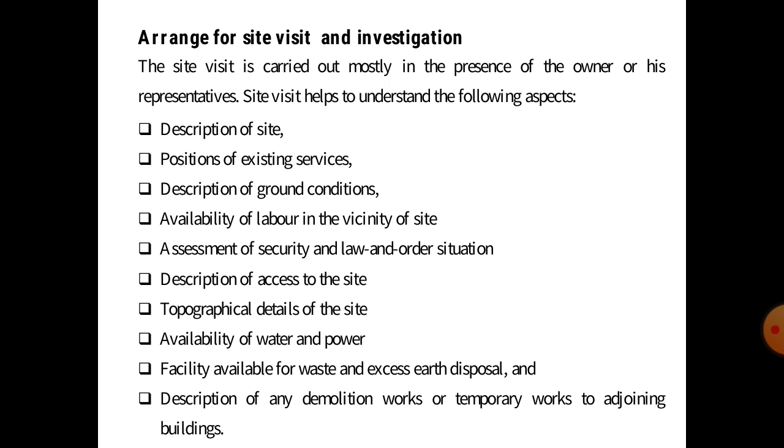First, we check the description of the site, then the position of existing services, third, a description of the ground condition, fourth, the availability of labor on site, then an assessment of the security and law and order situation, then a description of access to the site, topographical detail in the site, availability of water and power, facility available for waste and excess earth disposal, and description of any demolition work and temporary work to adjoin the building.